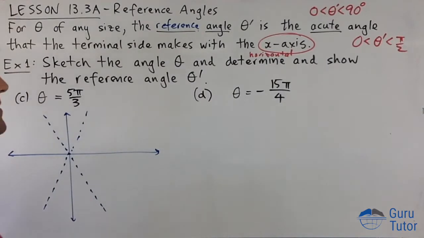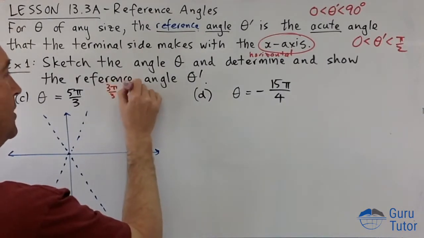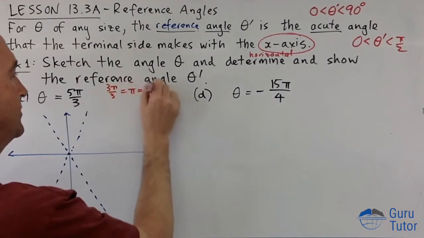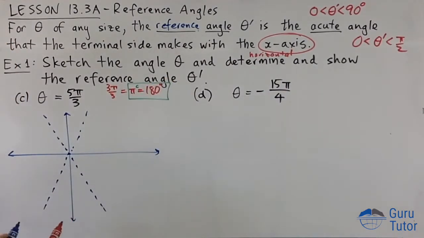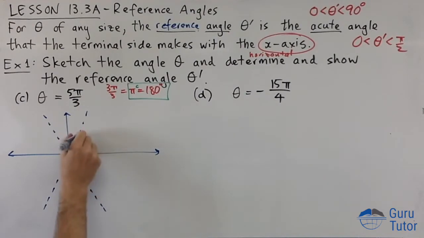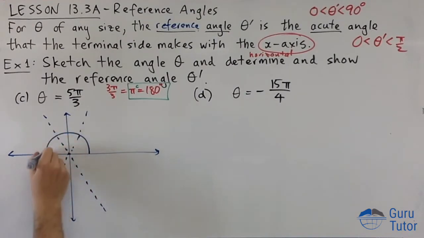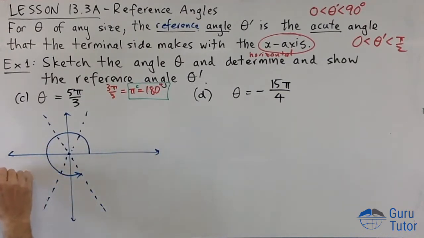And remember radians? 3 pi over 3 is just pi radians, which is 180 degrees. So where is 5 pi over 3? So here we go. Here is our initial side. Pi over 3, 2 pi over 3, 3 pi over 3, 4 pi over 3, 5 pi over 3. Here it is down here. 5 pi over 3 is down in the fourth quadrant.